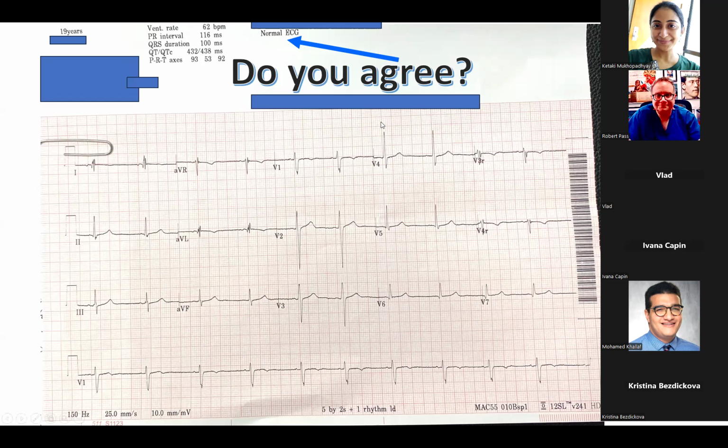No, it's inverted. So this is some kind of non-sinus atrial rhythm. So I would not call this normal. I'm not sure I would call it dangerous or worrisome, but it is definitely not sinus rhythm. It's some kind of a non-sinus atrial rhythm. Otherwise, I think the tracing is normal.